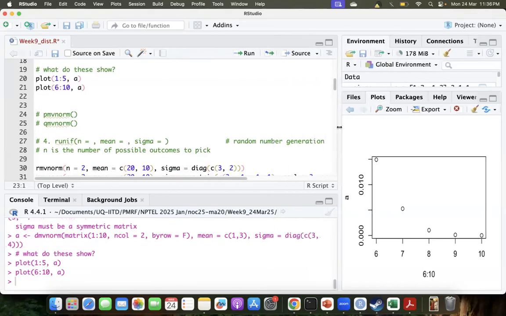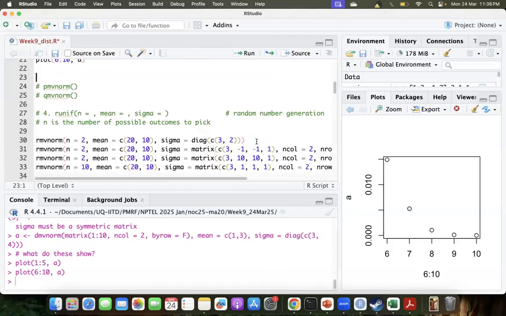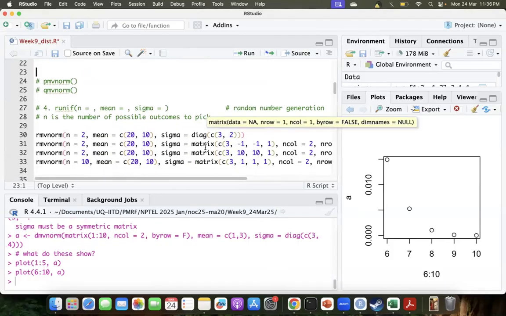When you want to do the random number generation, it's the same thing. Now you don't have to give the X value, you just need to tell how many random values you want. So again, we're talking about a bivariate normal distribution.